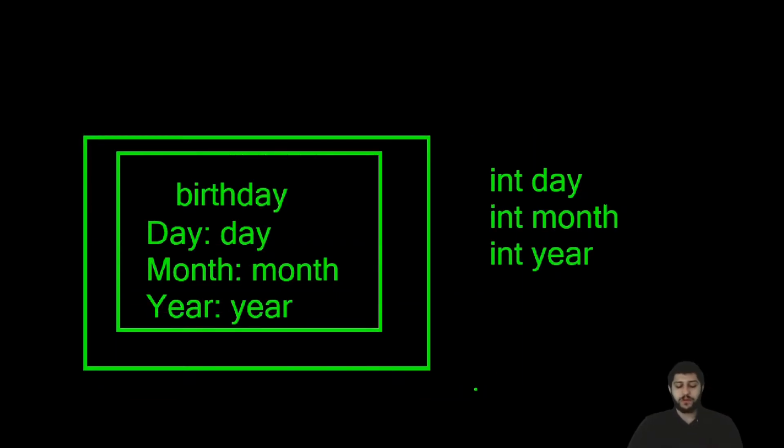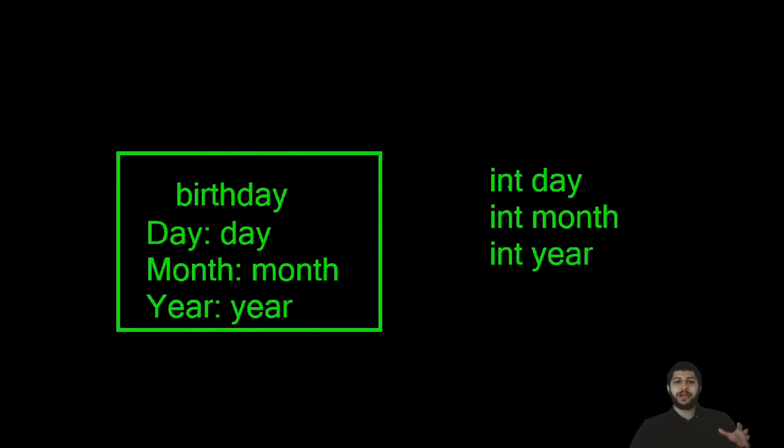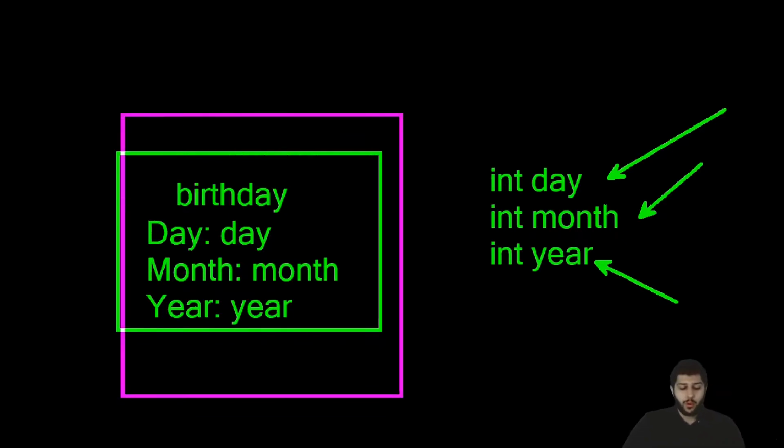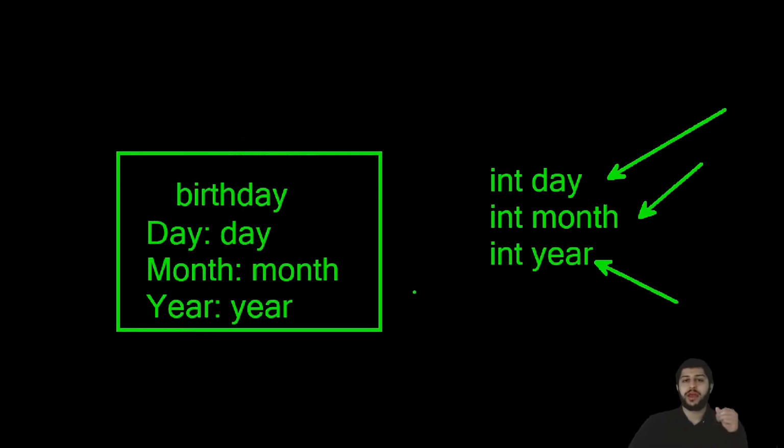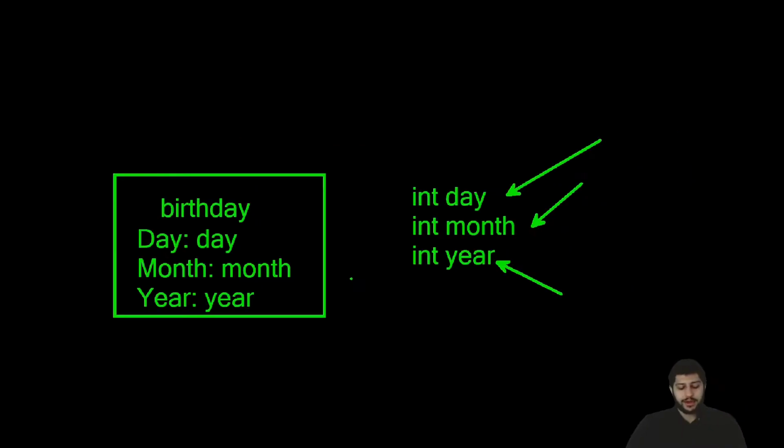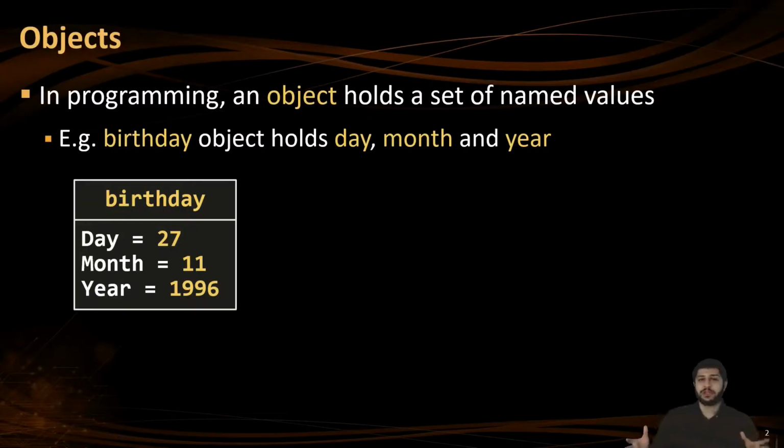Now we can refer to them as a compound object called birthday. And imagine we want to have tens and thousands of birthdays. Working with three independent variables is way more inefficient than working with a compound birthday object. This is the reason that objects, which are just a set of named variables, exist in the first place.